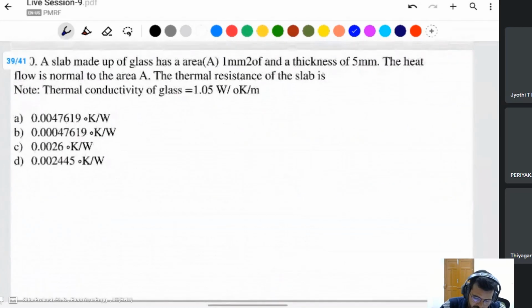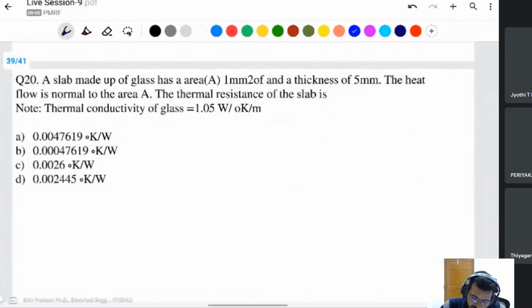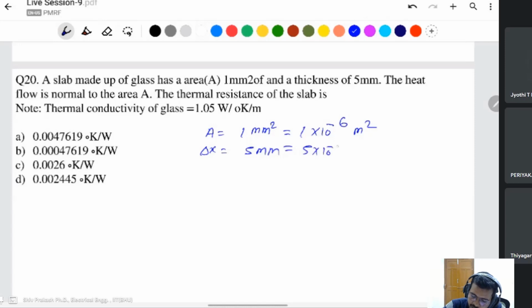Next one is a slab made of glass, with the same area, 1 mm square, which means 1 into 10 to the power minus 6 meter square. Thickness delta x is 5 mm, which is 5 into 10 to the power minus 3 meter.